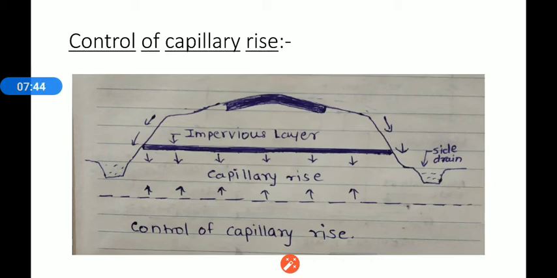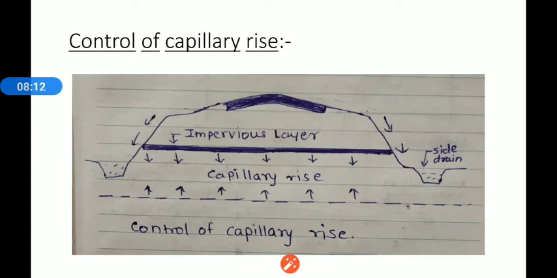The capillary rise may be checked by the following method. We can provide a layer of granular material of suitable thickness between the subgrade and the highest level of the water table during the construction of the embankment. The thickness of the granular capillary cutoff should be such that the capillary water cannot rise above the cutoff layer, and this is shown in the figure.